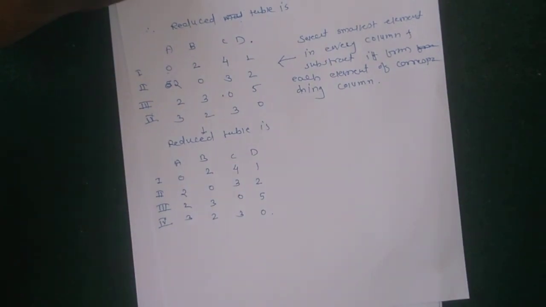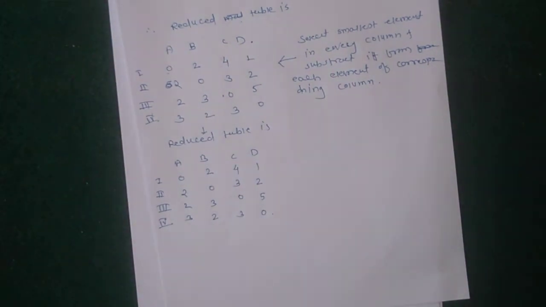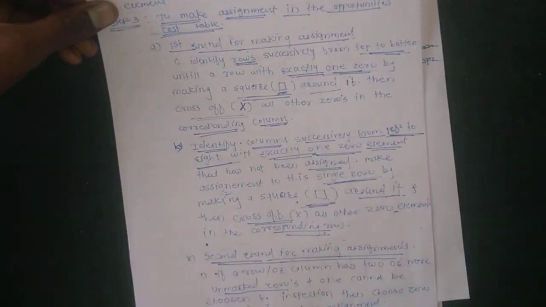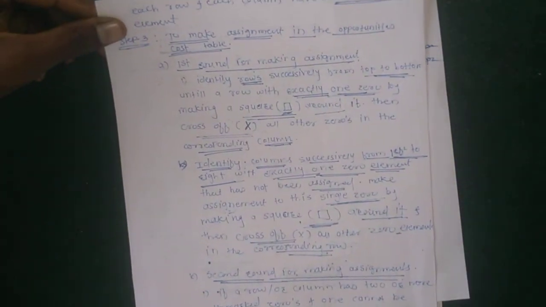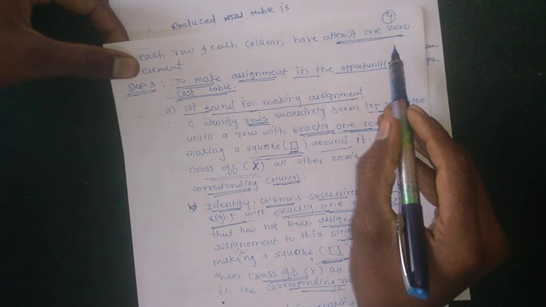Here, the next step, step three, is to check that each row and each column has at least one 0.